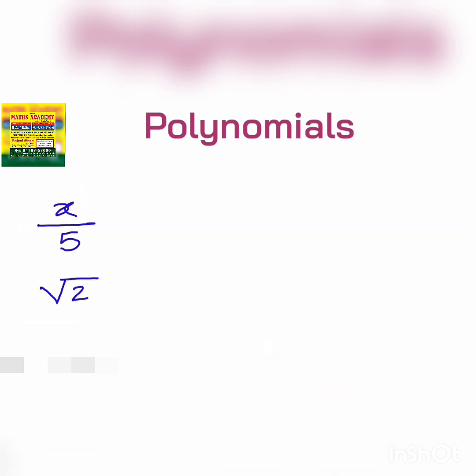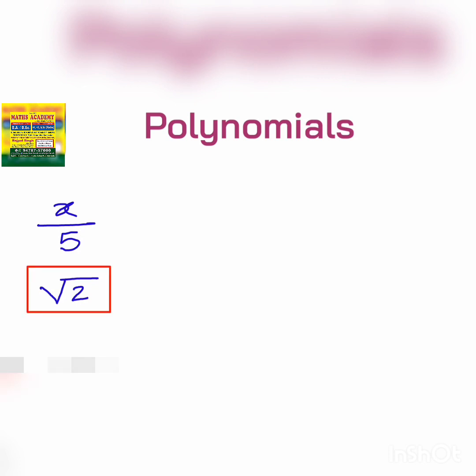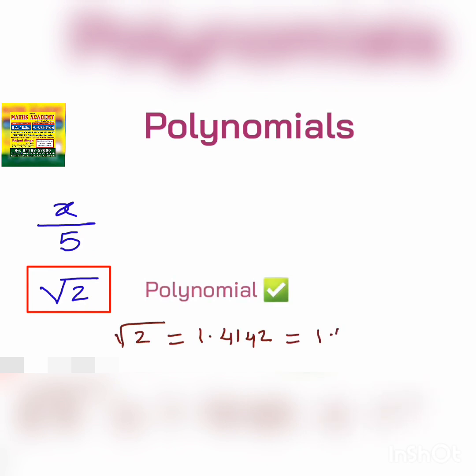Now tell me, x over 5, is it a polynomial? Yes, it is, because it can be represented as 1.5 times x, where 1.5 is a constant multiplied by x. Square root of 2 is also a polynomial because square root of 2 has got a constant value of 1.4142. That is why it is a constant polynomial.